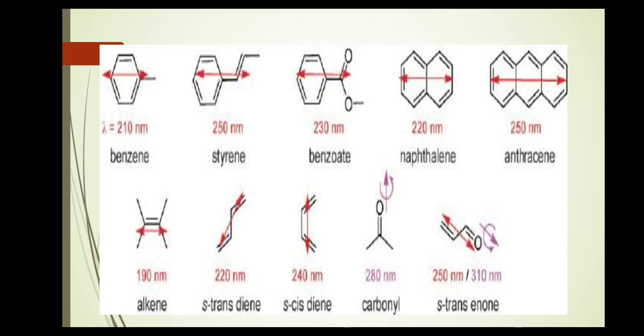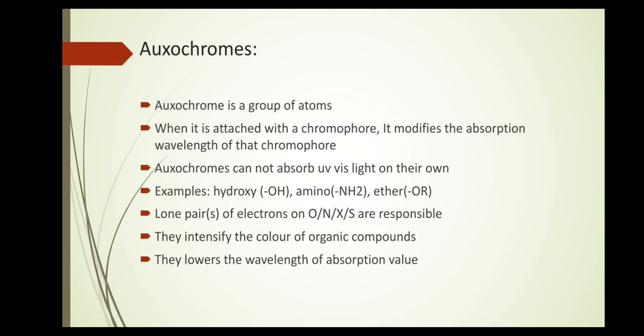So in this way, the chromophores absorb the energy. Now we will go to the concept called auxochromes. An auxochrome sometimes may be an atom, or sometimes a group of atoms. On its own, it cannot absorb the UV visible light, but whenever the auxochrome is attached to a chromophore, it will alter the absorption energy of the chromophore.